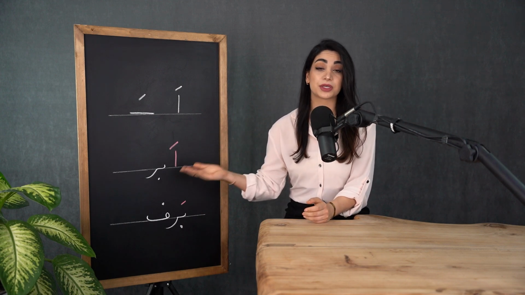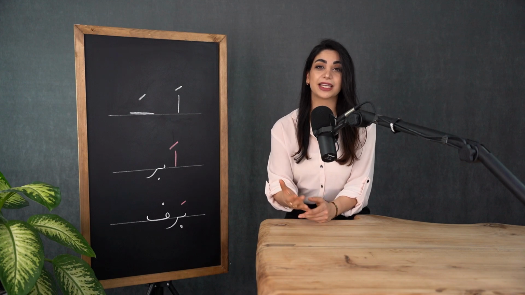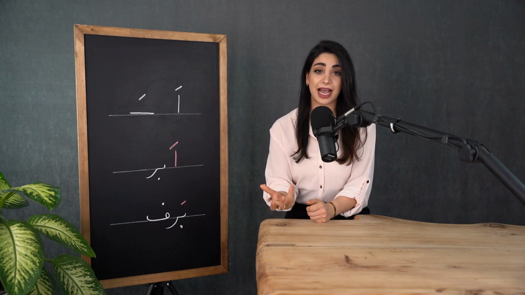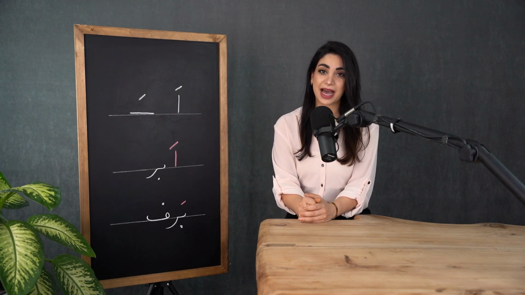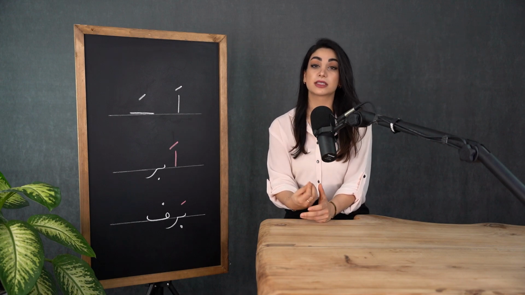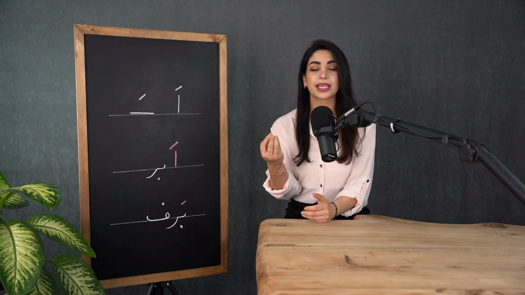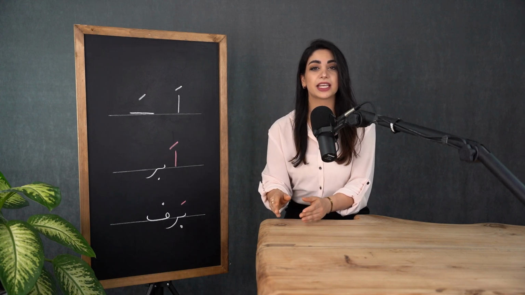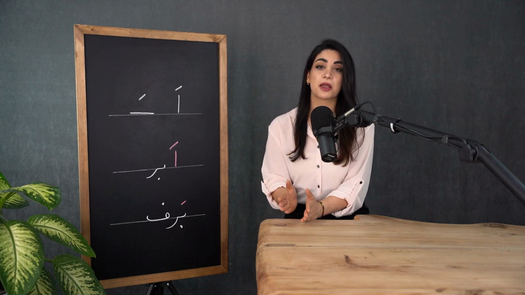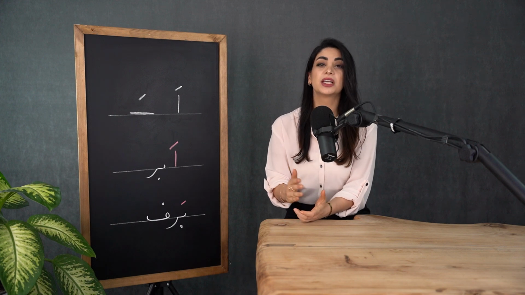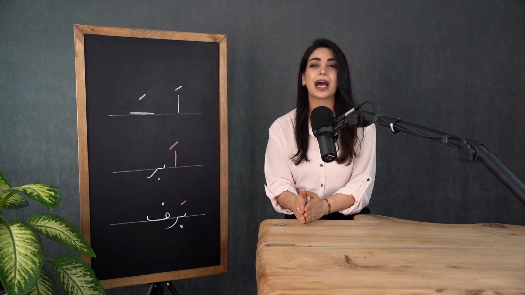So, abr is the same as cloud and it starts with A. Barf is the same as snow and it sounds like A at the beginning after the B sound. B-A. Repeat with me. B-A.